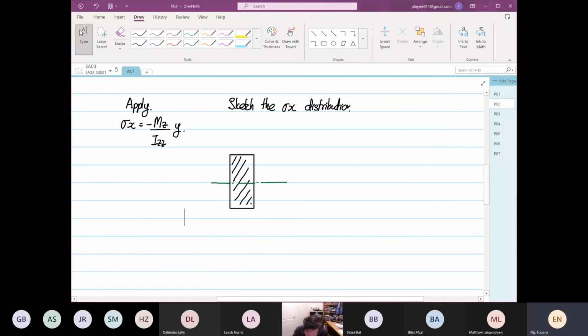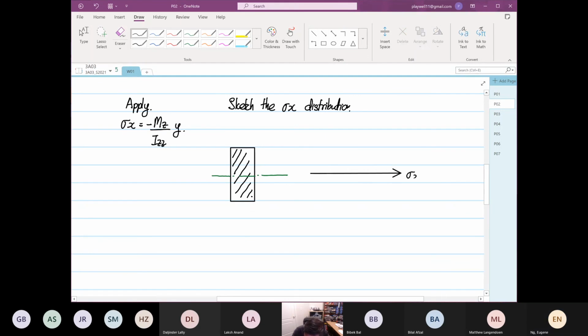So how does this sketch, or what does this sketch actually mean, or how to sketch this sketch? Okay, so we have an axis. So this axis over here is our stress X axis. Okay, and then we have our vertical axis. Right, so vertical axis over here is your Y.